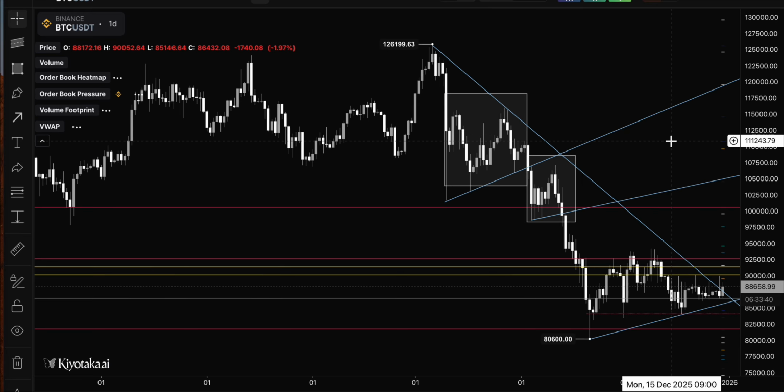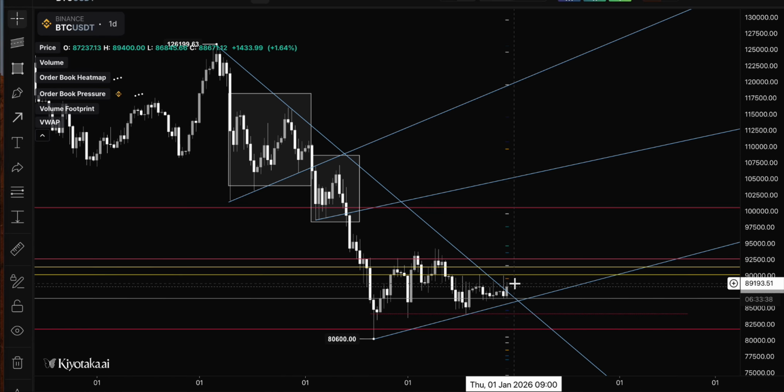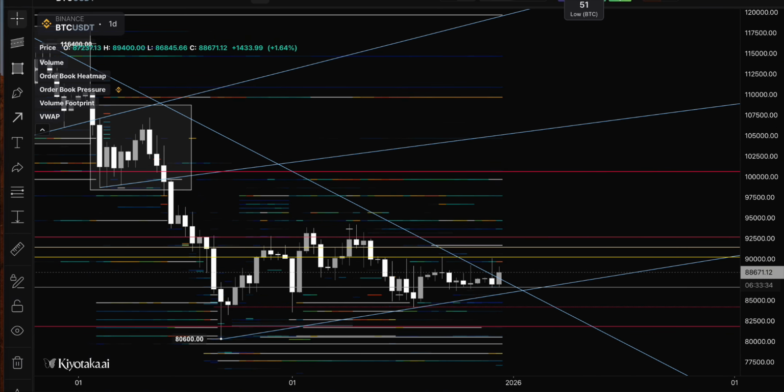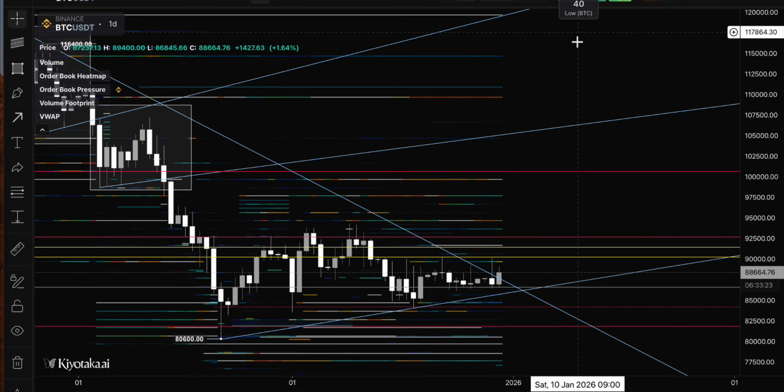Let's say you're on the daily, you adjust the sensitivity. So the lowest order you're going to see is, in this case, I don't know, 40 BTC, denominated in coins, in tokens. So the denomination is going to be Bitcoin, not dollars.